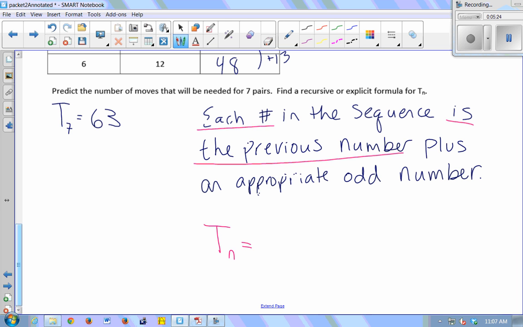T sub n minus 1 plus, then I have to add some odd number. Okay? And that odd number is changing. It's not just the same number all the time. It's an odd number, but it's a different odd number every time. So I have to come up with some sort of mathematical way of writing an odd number.